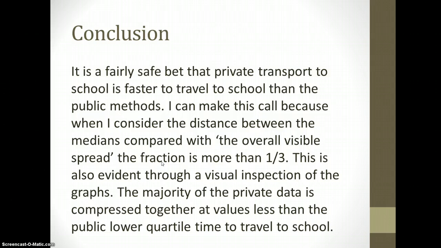I can make this call when I consider the distance between the medians compared to the overall visible spread. The fraction is more than 1/3. This is also evident through a visual inspection of the graphs. The majority of the private data is compressed together at values less than the public lower quartile time to travel to school. I think some of you could word that a little bit better than that, to be honest, but there you go.